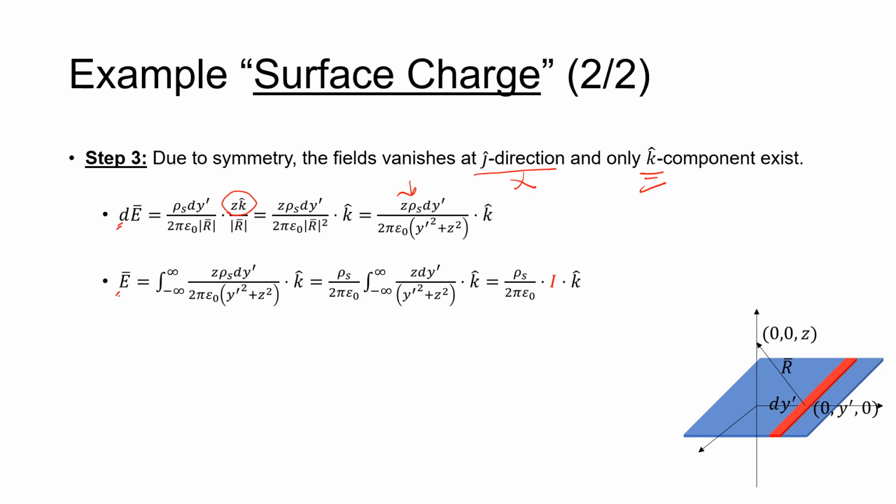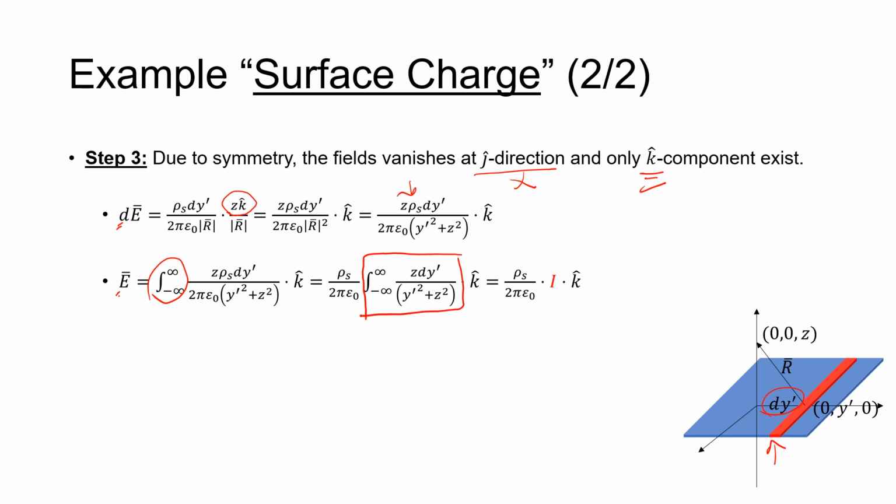Now we are with E, and here we have one integral because we are using the result due to the line, and the result due to a line already considers the dx component, so we only care about the dy component.